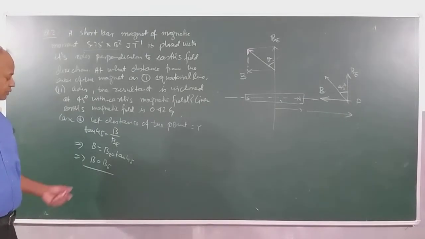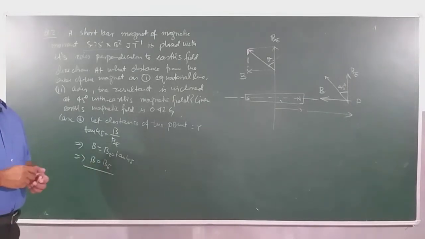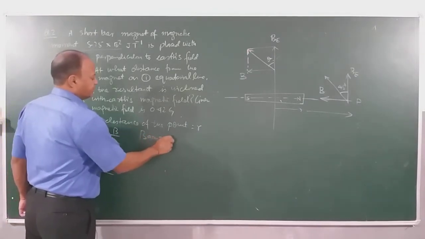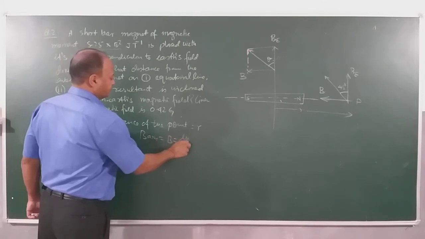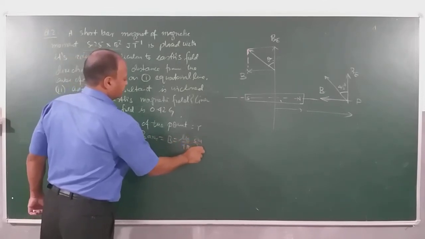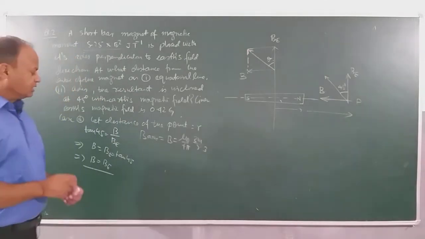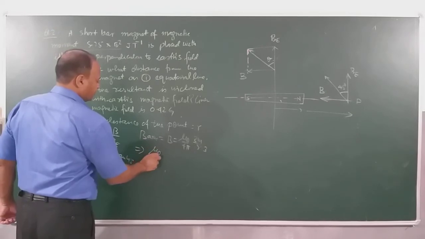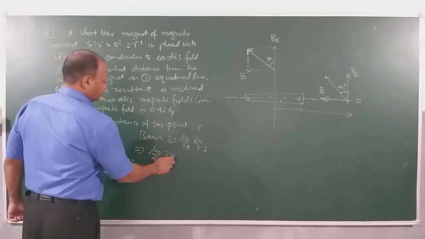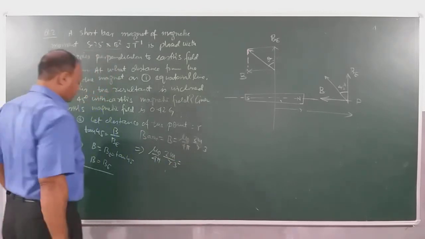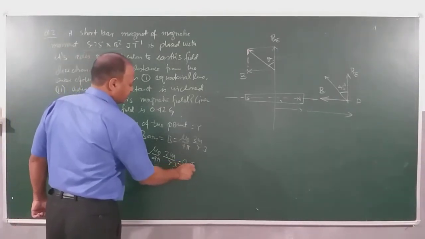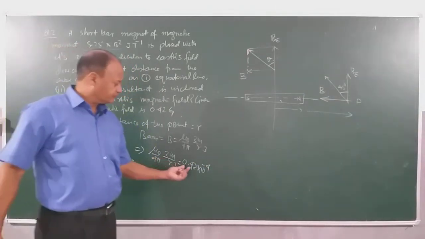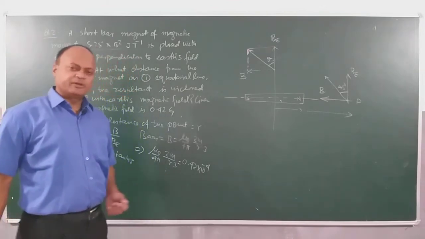And we already know the magnetic field at any point on the axial position, B on the axis actually is mu naught by 4 pi 2m by R cube. Clear? So if I insert this value here, therefore we have mu naught by 4 pi 2m by R cube is equal to B_H, and how much is B_H, children? 0.42 into 10 to the minus 4. We converted again Gauss into Tesla, and for that you multiply by 10 power minus 4.